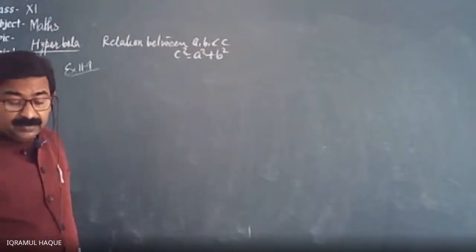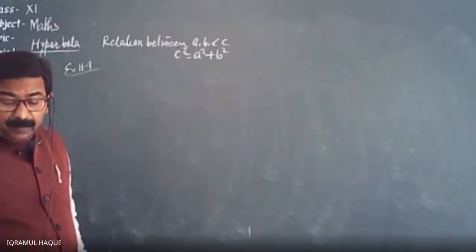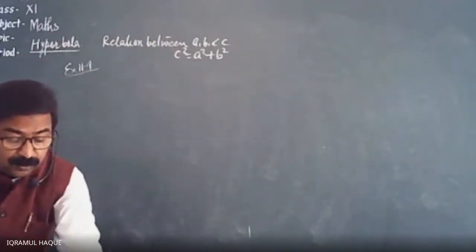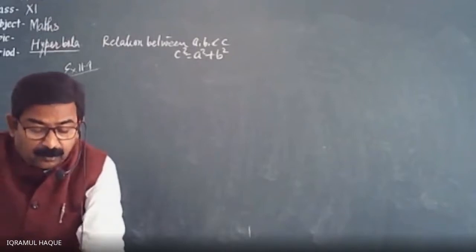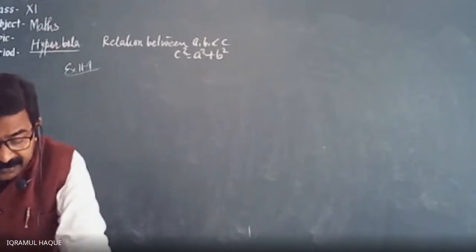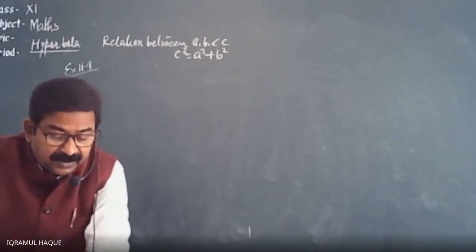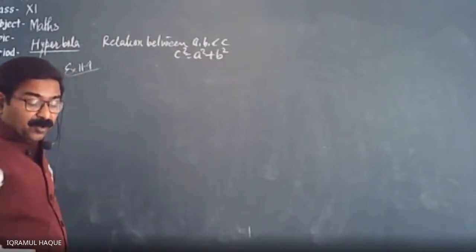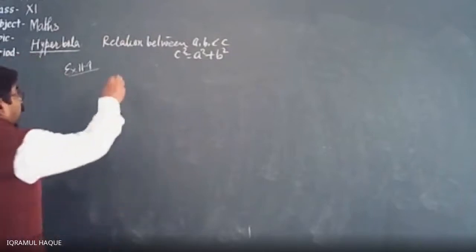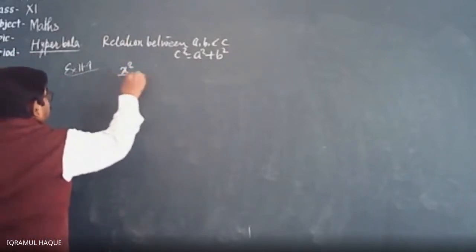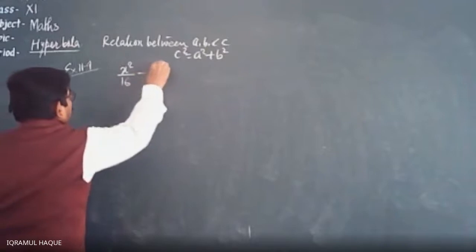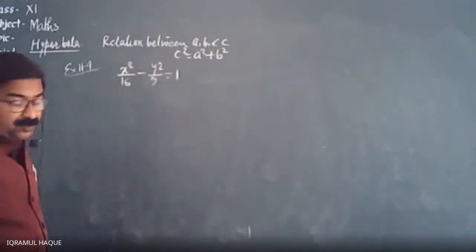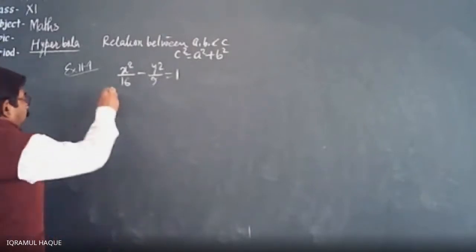So see the question. In questions number 1 to 6, we have to find the coordinates of foci, the vertices, the eccentricity, and the length of latus rectum. Like we have x square upon 16 minus y square upon 9 is equal to 1 in the first question.